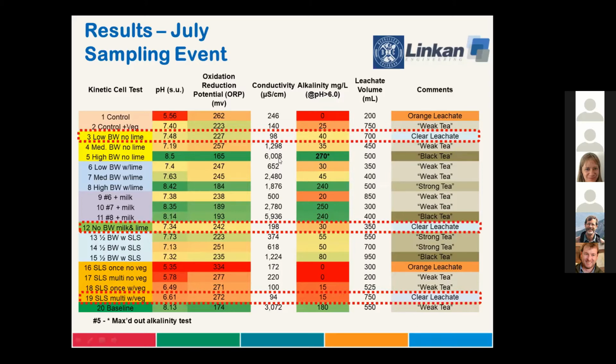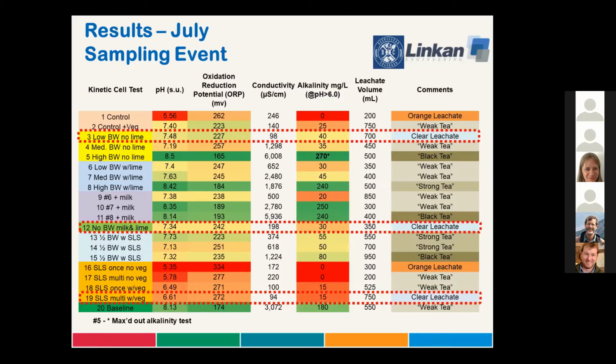This is a lot of alkalinity in a short time. But look at the conductivity. And we did see, going from low concentrations of brewery waste to the high concentrations of brewery waste, tracked very well with increases in conductivity and, generally speaking, increases in alkalinity. So you can look at the data more closely at your leisure if you pause the presentation, which is being recorded.